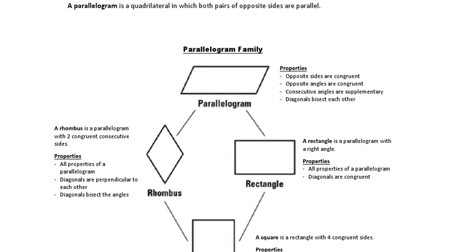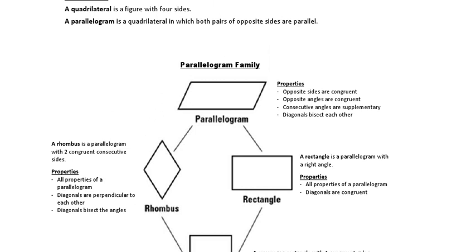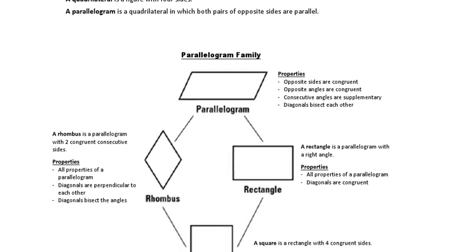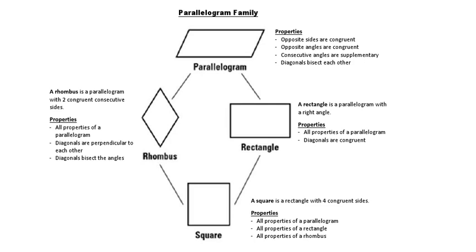The other one says a parallelogram is a quadrilateral in which both pairs of opposite sides are parallel. And as you can see here in the diagram, the rhombus and the rectangle come from the parallelogram, which means that the rhombus and the rectangle are parallelograms, and the square comes from the rhombus and from the rectangle, which come from the parallelogram, which means the square is also a parallelogram.